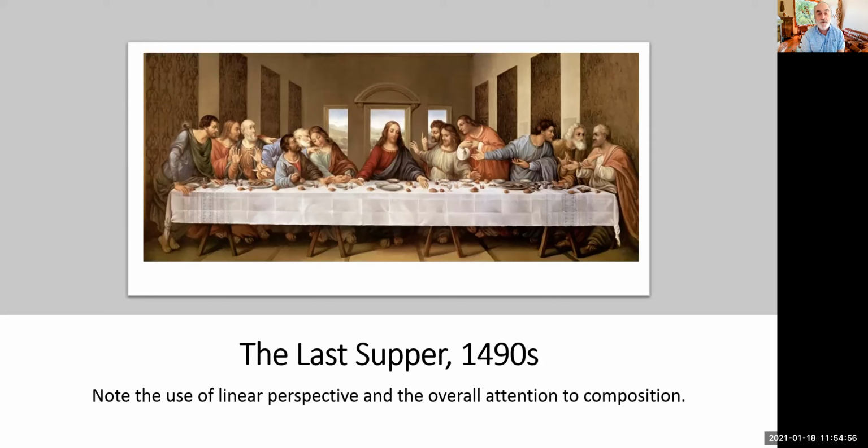And then there are other compositional things that you start to notice once you start to look at it in terms of having a composition. I mean, composition isn't just symmetry. Composition for a painter is also about, you look at the painting, there's a place where people are going to look at the painting first. Obviously here that's Jesus. And then the eye is going to be drawn in other directions.